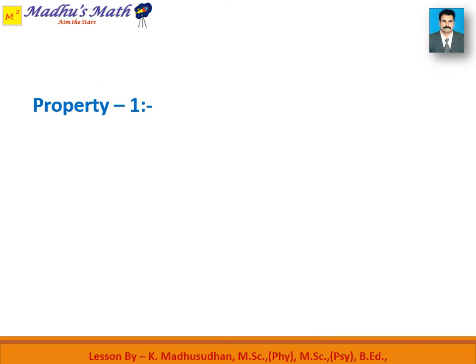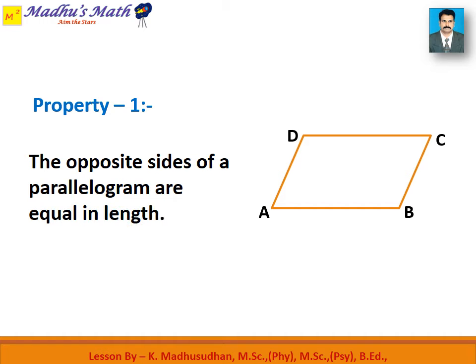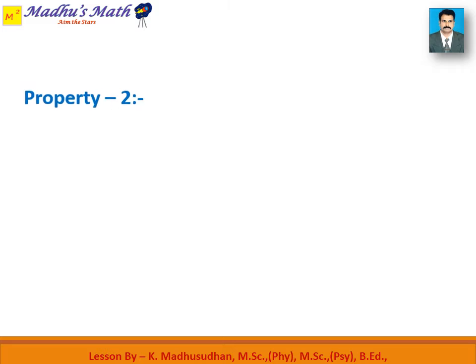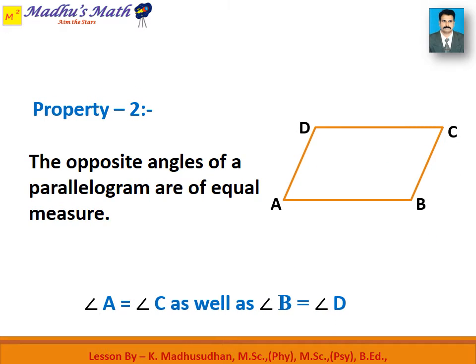Coming on to property 1 of parallelogram, it states that opposite sides of the parallelogram are equal in length. So here in the figure ABCD parallelogram, the opposite sides AB and CD are of equal length, as well as AD and BC. Now property number 2 states that the opposite angles of the parallelogram are of equal measure.